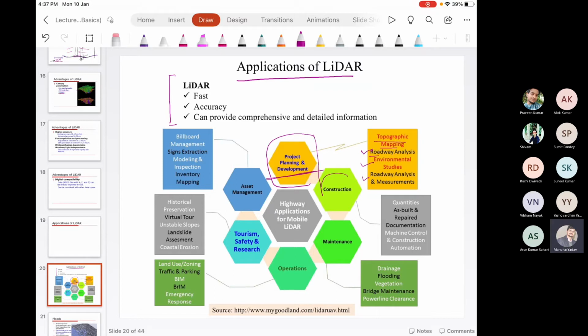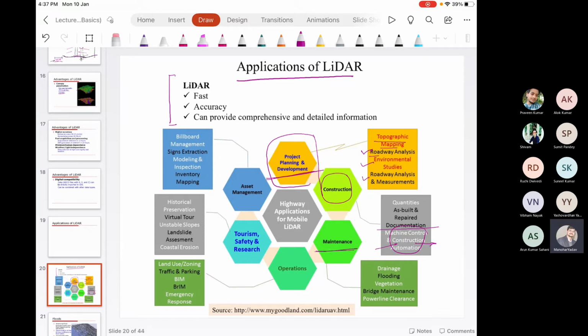If we come to the construction industry, then for quantity, as-built and repair related applications, and the documentation related to them, machine control and construction automation. In the construction automation industry as well, we use LiDAR as a tool for information generation.